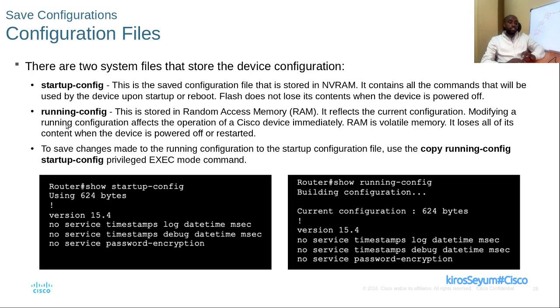Running configuration is what we use while accessing or doing tasks; it is copied from the startup configuration. While we are configuring the device, we are at running configuration. It has to be saved to have an effect the next time you open the device. After you do some configuration, you have to say copy running config startup config.